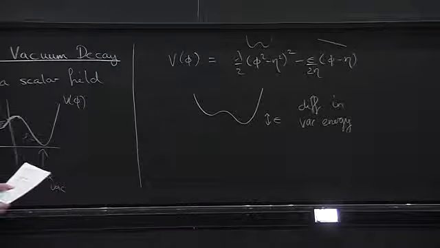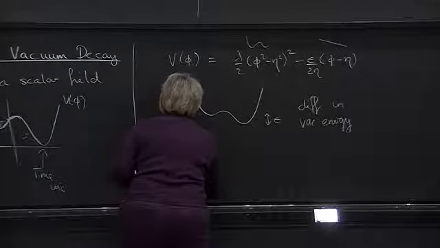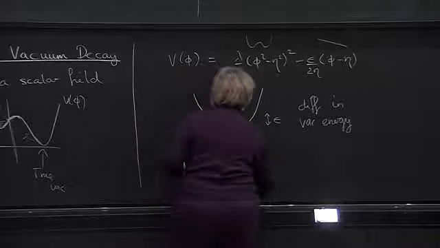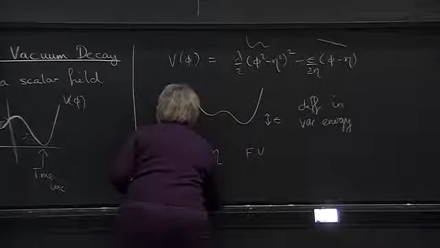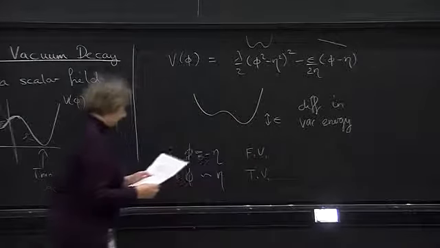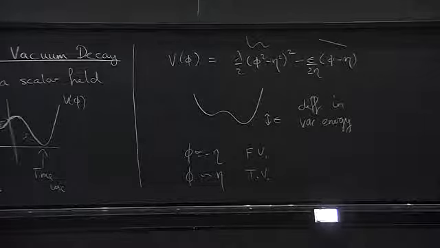So I've kind of cooked this so that phi equals minus eta, or roughly minus eta, is the false vacuum, and phi equals eta is the true vacuum, more or less.